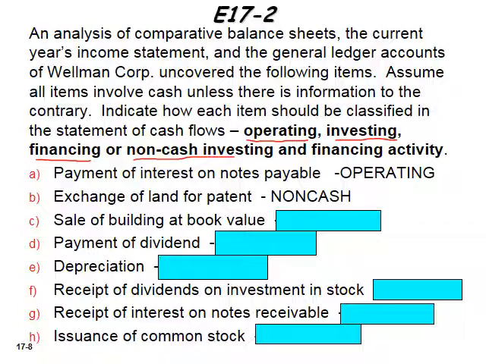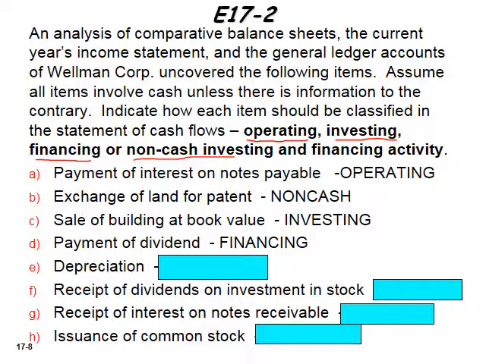Sale of a building at book value. This is going to be just in the investing activity section because there's no gain or loss. It doesn't affect the operating activities. Payment of a dividend. This will be financing activity. And you have to be careful with the dividends. The declaration of a dividend, and this is just for cash dividends.